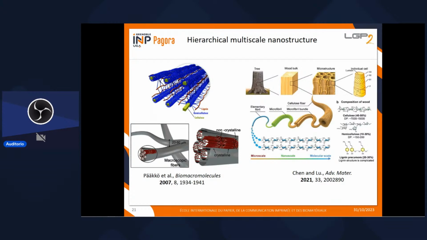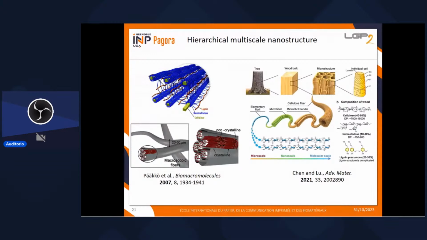For example, in the case of cellulose, in nature, cellulose is usually found associated with other materials. So cellulose is a structural element. It is surrounded by lignin, which is a non-polar polymer, to protect, in fact, cellulose. And hemicellulose acts as a compatibilizer between polar cellulose and non-polar lignin.